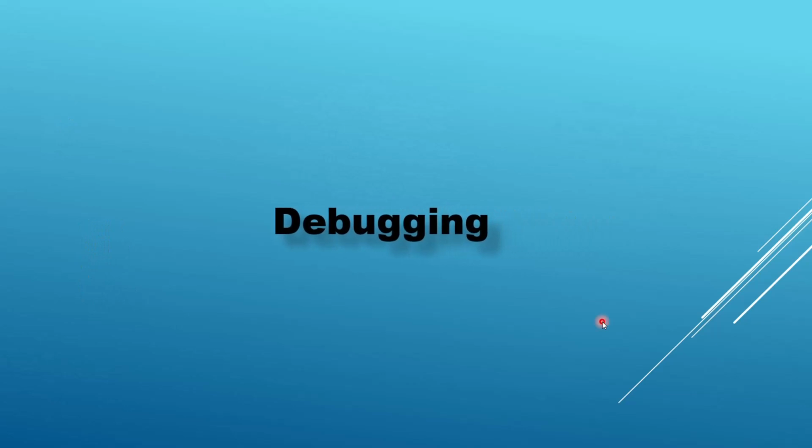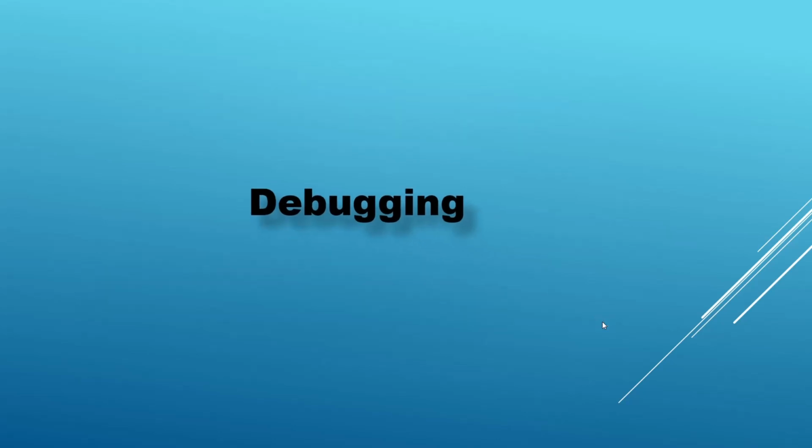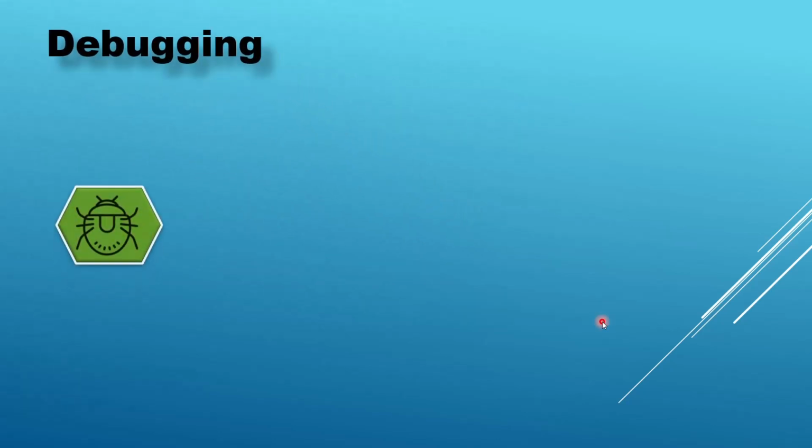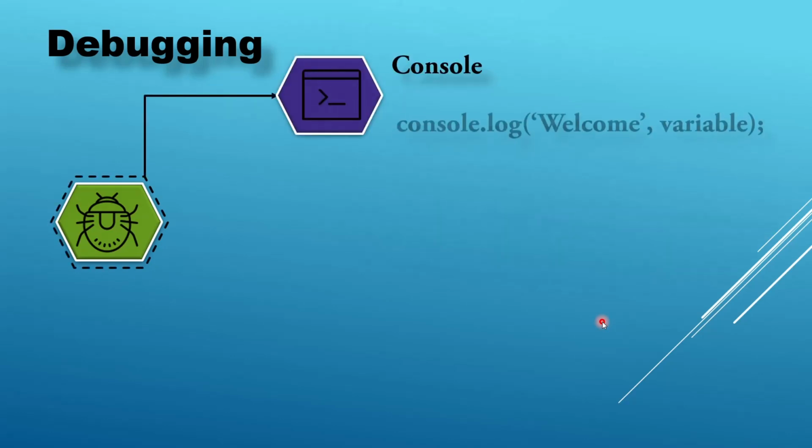Okay, and next we'll go with debugging, how you can do debugging. Let's say you need to check what the value of a variable is, and after this, what the value of another variable is. So how can you do that? First thing is console.